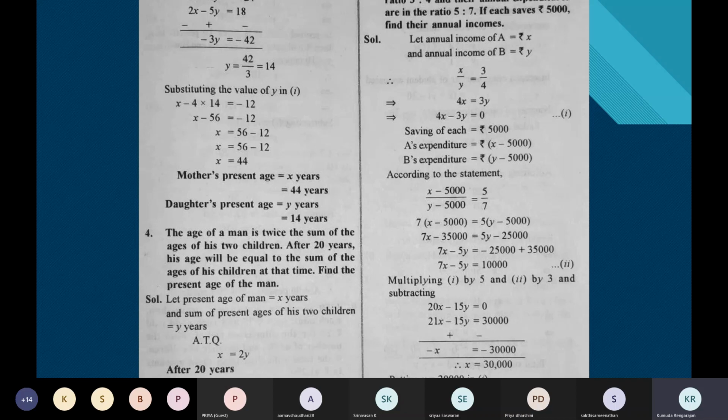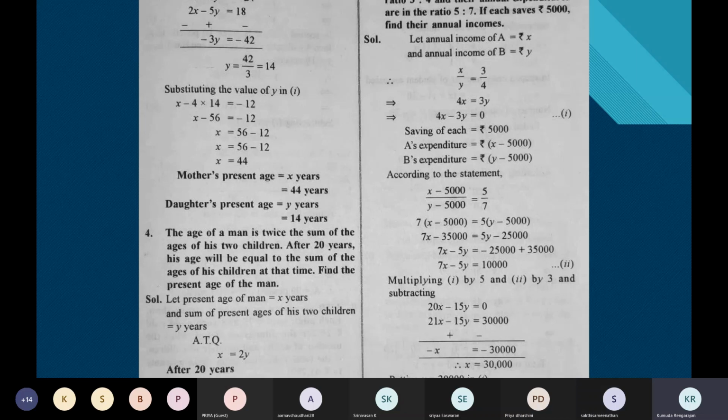Use the example 13 and 7 and tell me. 33 and 27. What is the sum of their ages then? 60. But what did we first think? 40, right? 20 plus 20.